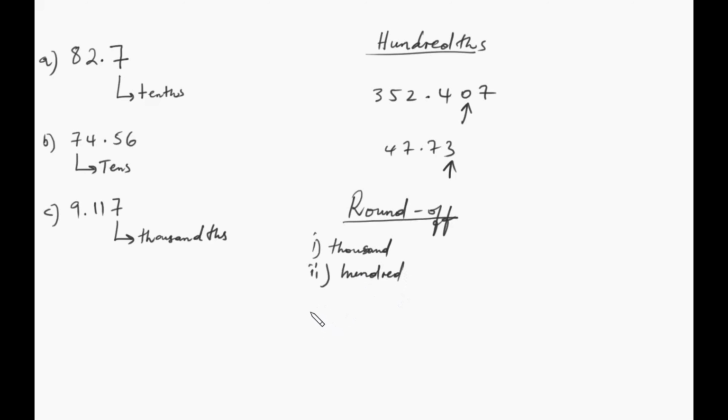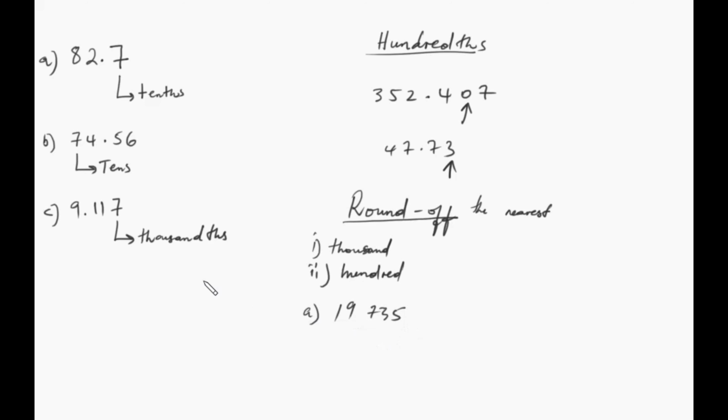Let's say you had this number. Round it off to the nearest 1000. They will say to the nearest, say, 1000. Now, let's say you have this number. How do you round it off to the nearest 1000?